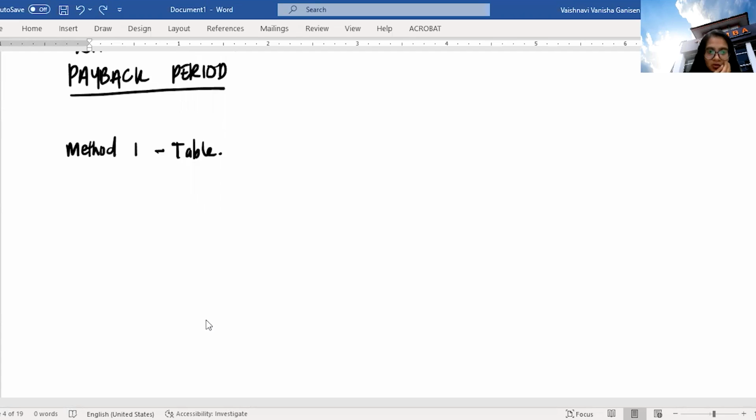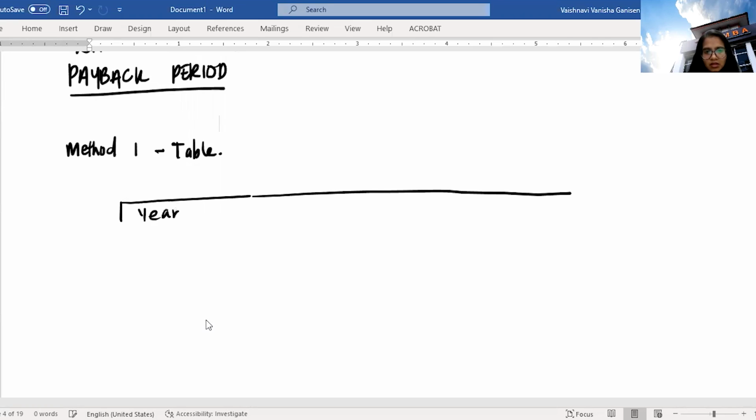Okay guys, I'll just draw it. So you need to identify the number of years for the King's Hotel. So it was 5 years, right? So year, net cash flow, please remember this is net cash flow. That means cash inflow minus cash outflow.